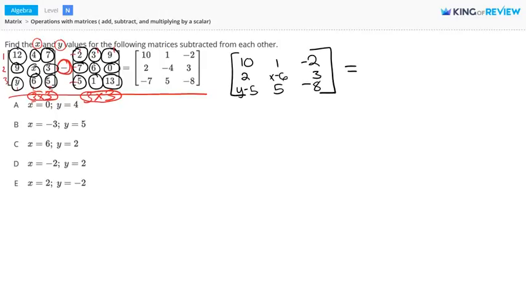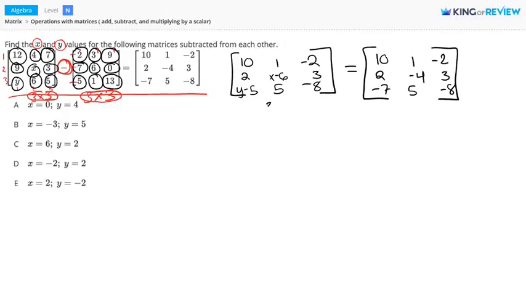And this is equal to the third matrix: 10, 1, negative 2, 2, negative 4, 3, negative 7, 5, and negative 8. If two matrices are equal, then their dimensions are the same and the entries in corresponding positions are equal.